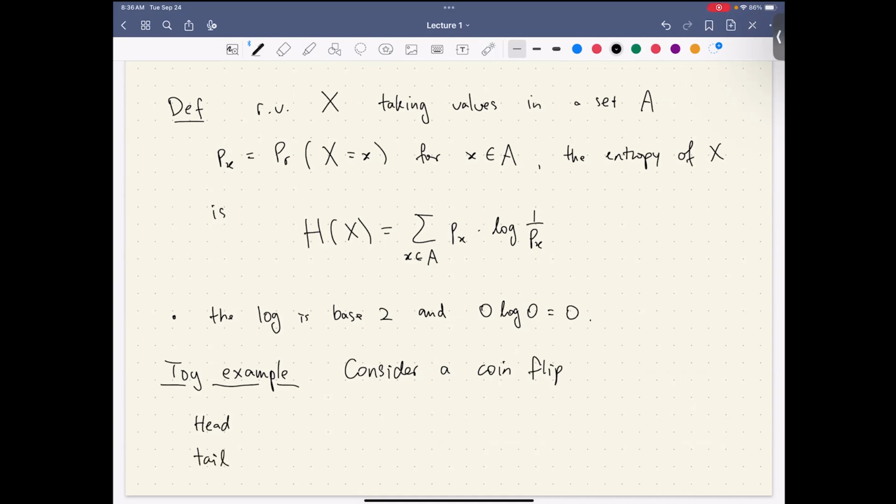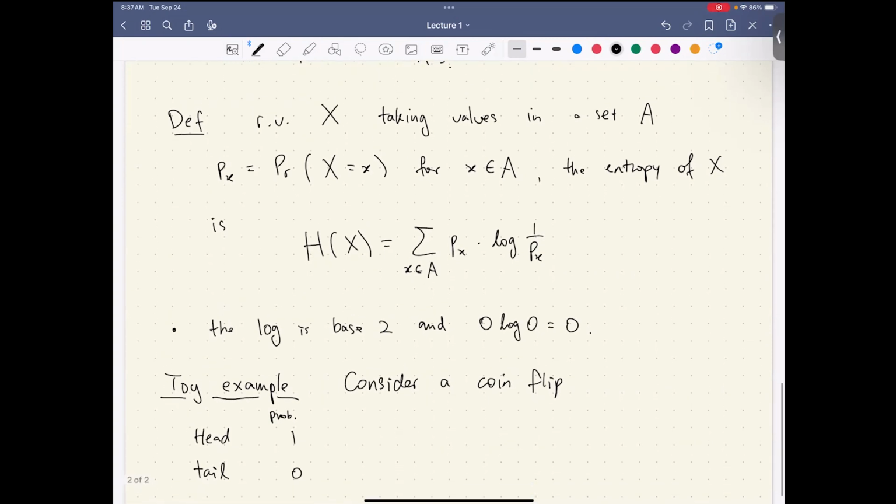If we have a coin that we know both of its sides are heads, so with 100% probability, probability 1, you will get heads. With probability 0, we will get tails. Then what's the entropy of this random variable? It's not really random. It's quite deterministic. So the information that it carries is very little, because even before this random experiment takes place, we know the outcome already.